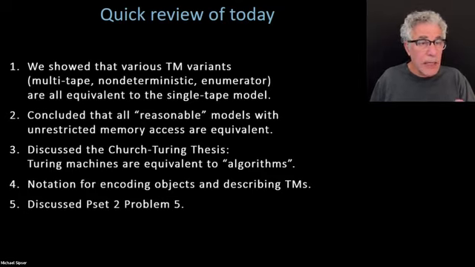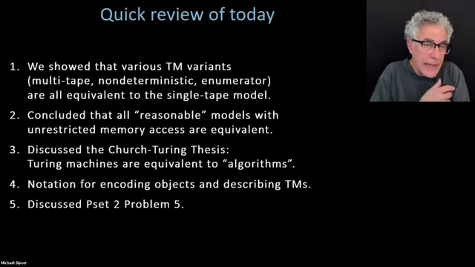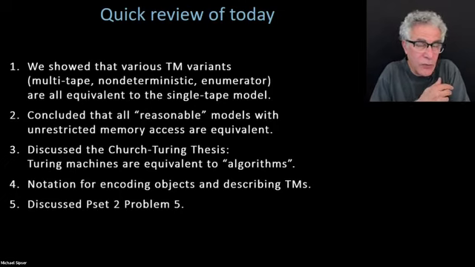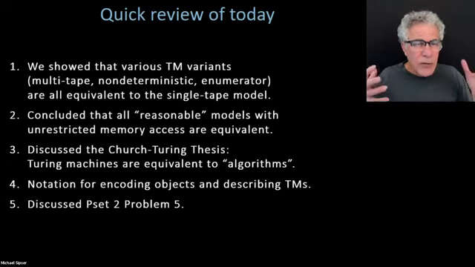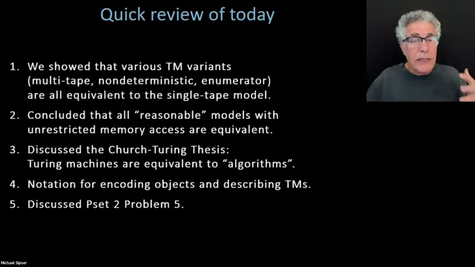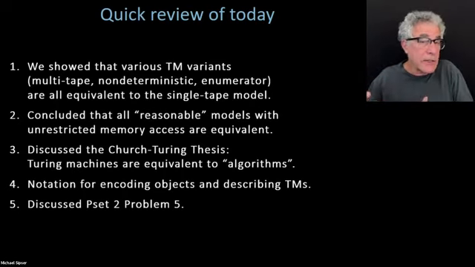It's really a hypothesis that the only thing you'll ever be able to compute is something you can do with a Turing machine. That has something to do with the nature of the physical world, and I don't think that's what people had in mind. It's that the kinds of things we normally think of being able to do with a procedure mathematically are exactly the kinds of things you can do with a Turing machine.